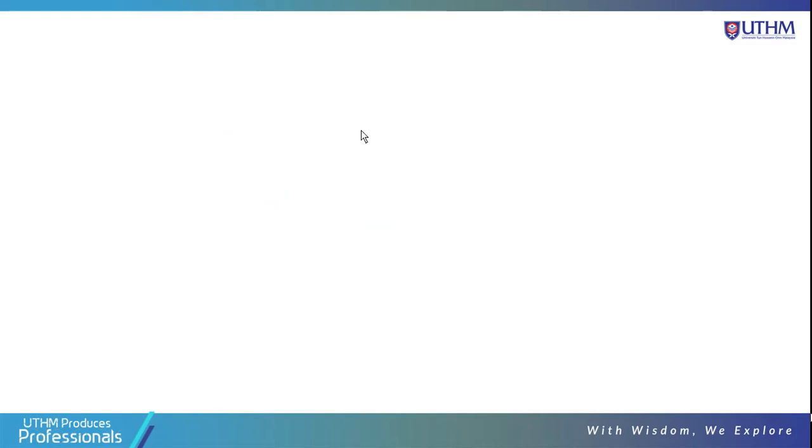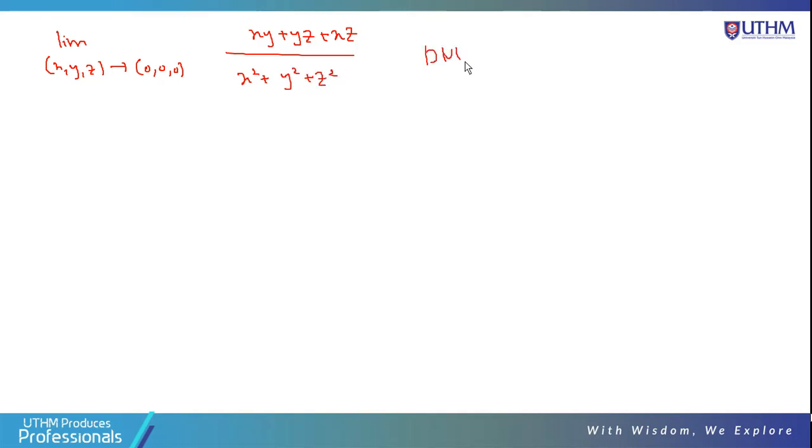Let's say the given is 3 independent variables. The limit as (x, y, z) approaches (0, 0, 0) of xy plus yz plus xz over x square plus y square plus z square. Prove that the limit does not exist.